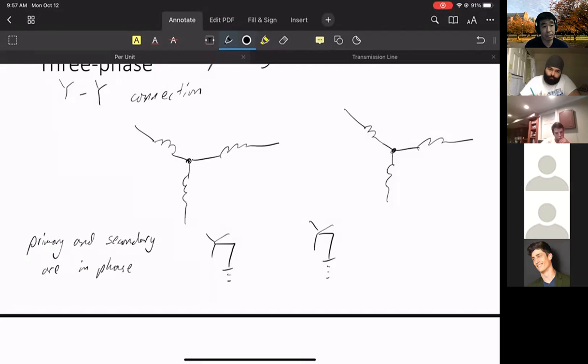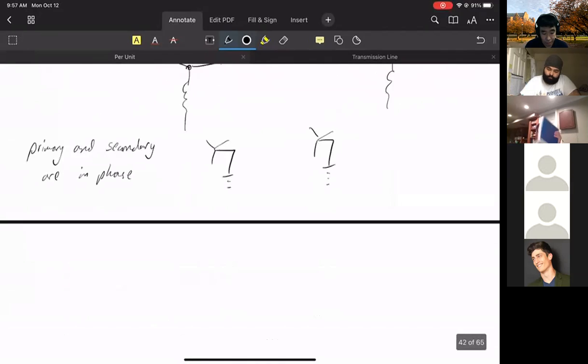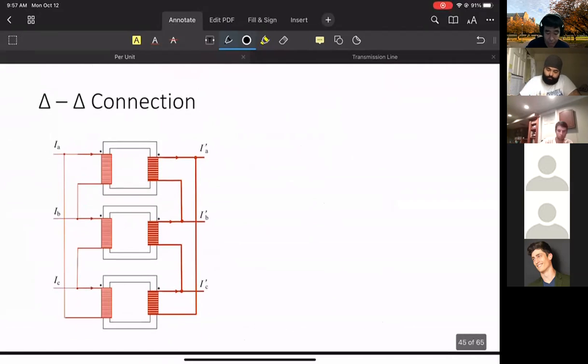This just works as a normal transformer, so there's no phase change from primary to secondary. The next one we have is a delta-delta connection. So this is our YY connection, and we can have our delta-delta connection, where the lines are connected.